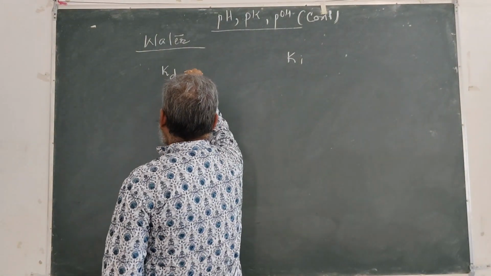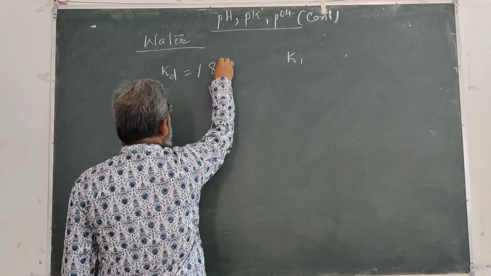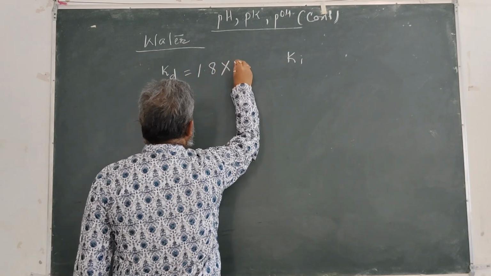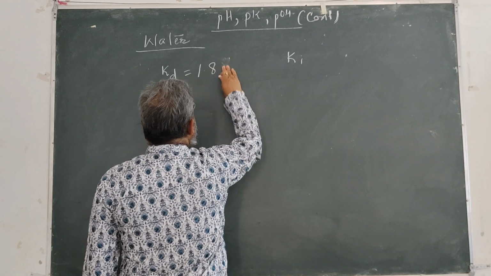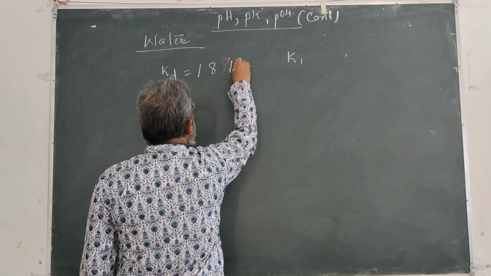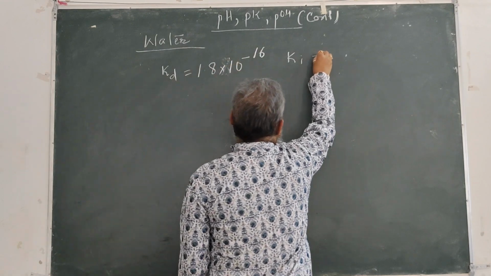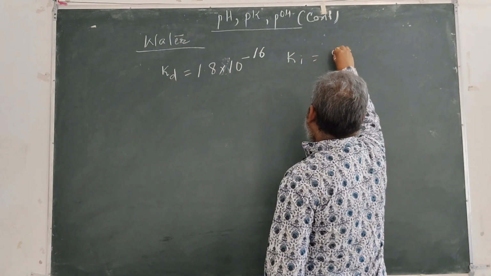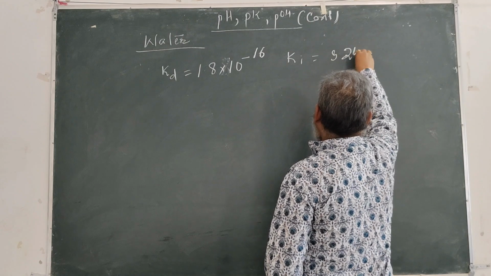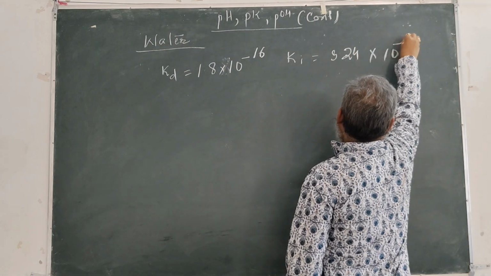Kd is equal to 1.8 into 10 minus 16. ये था 3.24 into 10 minus 18.